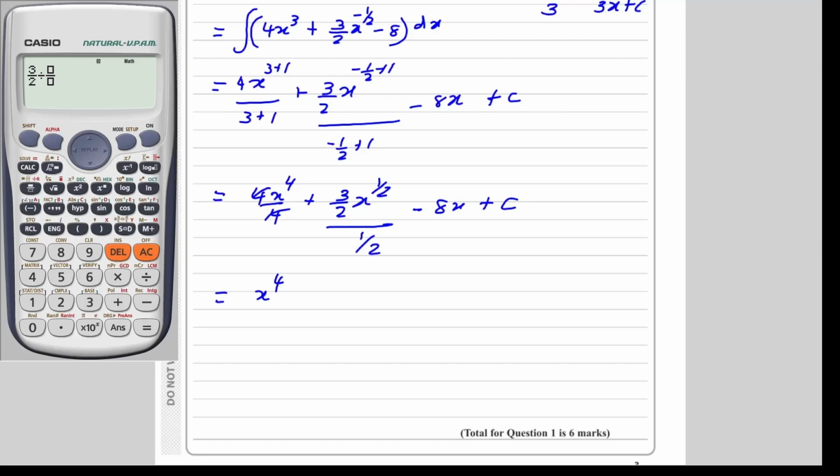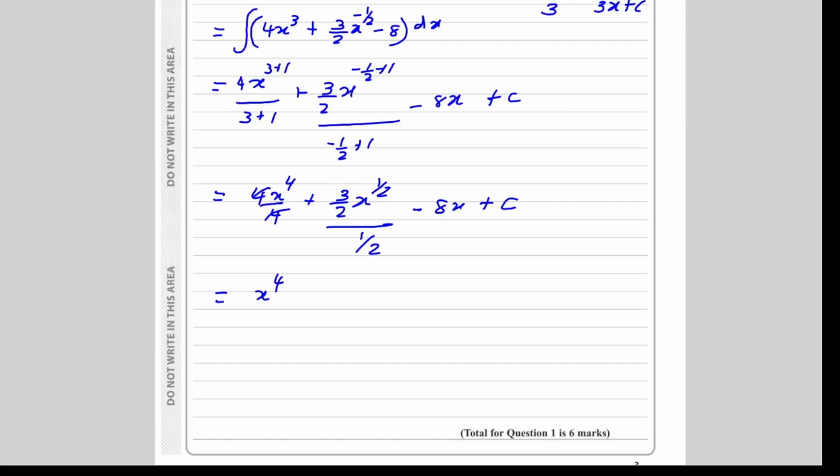Then this is half. What's the answer? It is 3. So it is plus 3 x to the power of half minus 8x plus c.